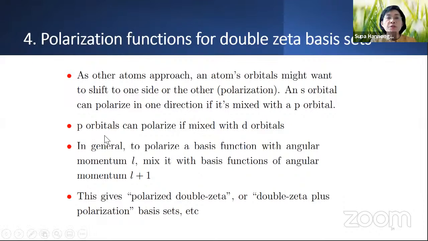And the p orbital can also polarize if it mixes with the d orbital. Therefore, in general, to polarize a basis function with angular momentum L, mix it with the basis function of angular momentum L plus 1. So this gives the polarized double zeta, or double zeta plus polarization, basis sets. This is the concept, right?